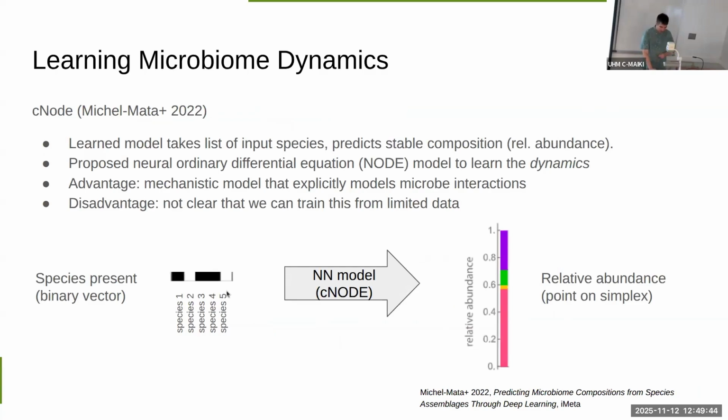basically tries to learn the relationship between which species are in a sample and the relative abundance of those species. And the way they do this, they use a kind of fancy neural network technique called a neural ODE model, or neural ordinary differential equation.